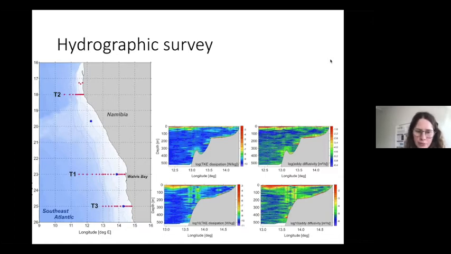At 23 degrees south, we see a higher kinetic energy at the surface, as we expect from the effect of the wind, and close to the sediment, which gives the idea that the sediment is being reworked, and there is some interaction from maybe intermediate currents or internal waves.